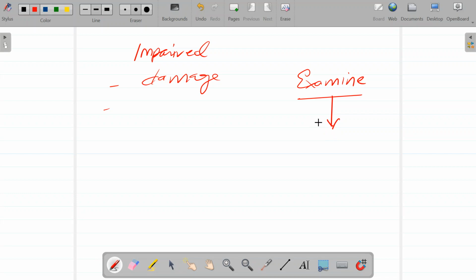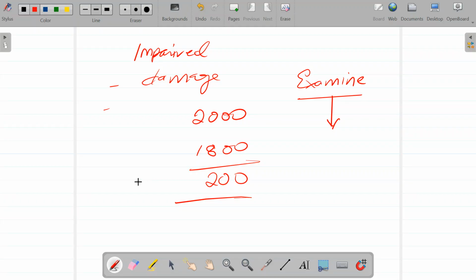That loss in value is what we call impairment loss. So if an asset's value is 2,000 and per our impairment test the value is now 1,800, there's a difference of 200, which is the impairment loss.